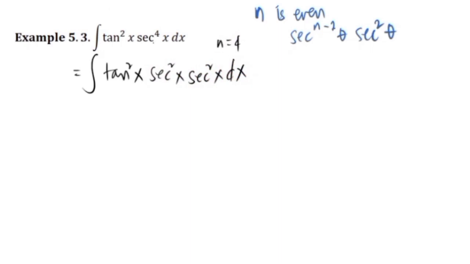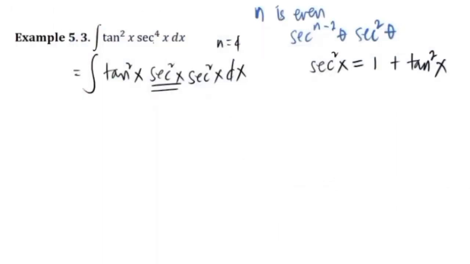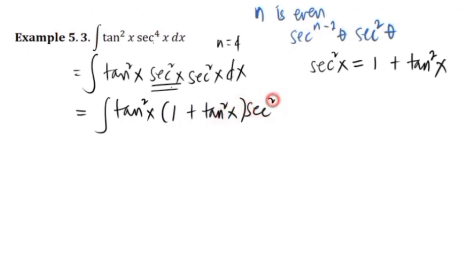dx. Then we will express this secant square here to tangent. So we have here secant square x is equal to 1 plus tangent square x. So we would have the integral of tangent square x multiplied by secant square, palitan natin ng 1 plus tangent square x secant square x dx.